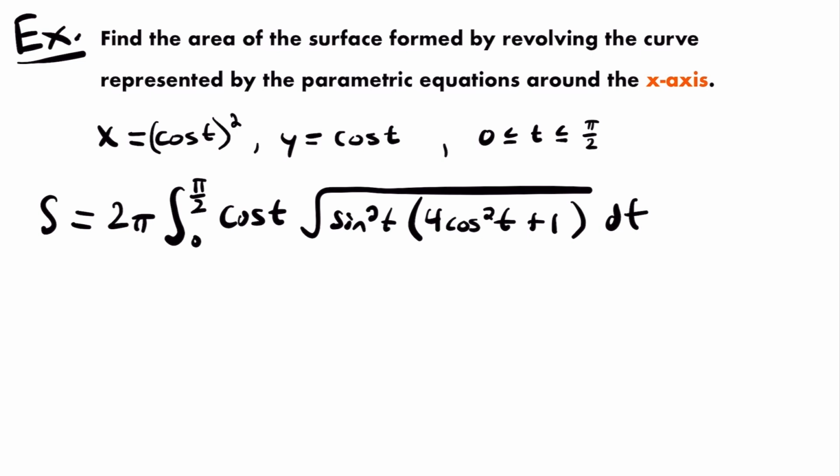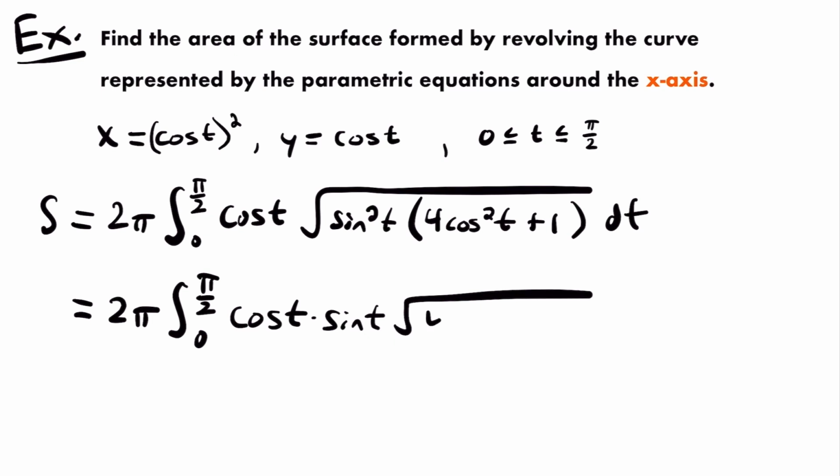And so what we'll have is that this is equal to 2 pi times the integral from 0 to pi divided by 2 of cosine t times sine t times the square root of 4 times cosine squared t plus 1 dt. Okay, so we took the square root of both parts. The square root of sine squared t is just sine t, and then the square root of this quantity is right here. And so now at this point, our integral is in its simplest form. There's really nothing for us to simplify any further.